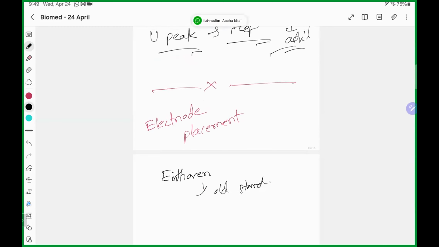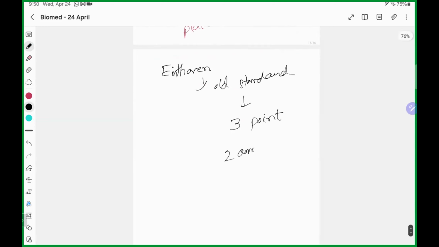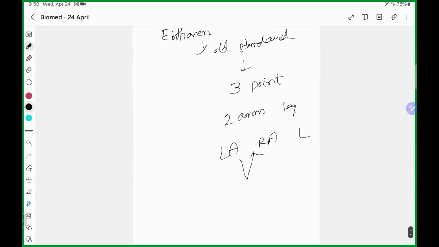In the old standard, he used a 3-point measurement: two arms and one leg. So left arm, right arm, and one leg. The potential difference between these is actually measured.